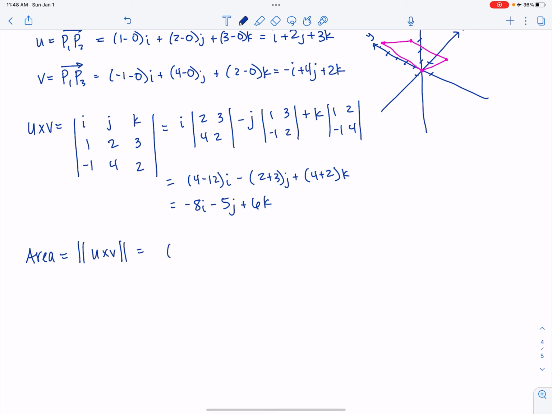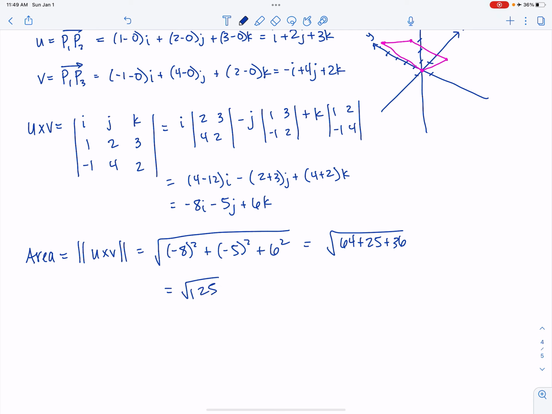So -8 squared plus -5 squared plus 6 squared, and we put that all under the radical. So we've got 64 plus 25 plus 36, which is square root 125, which is 5 root 5.